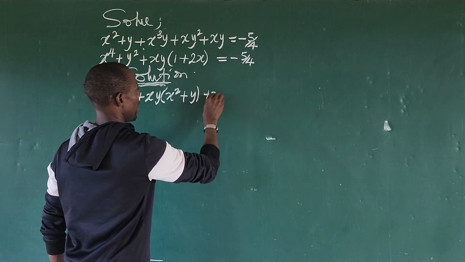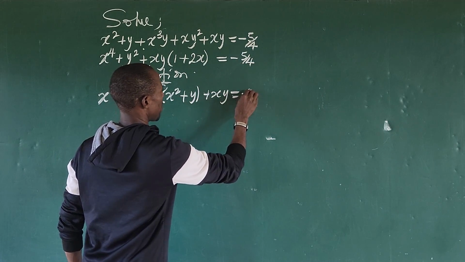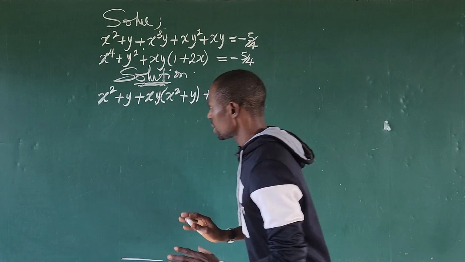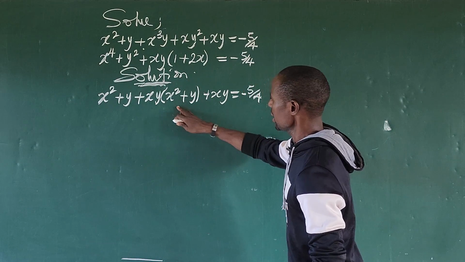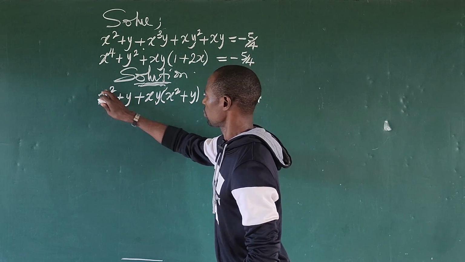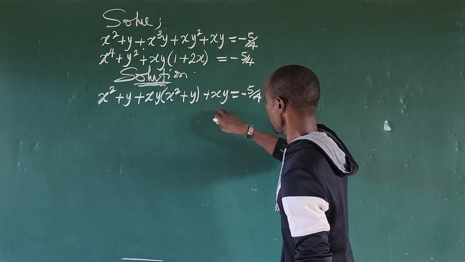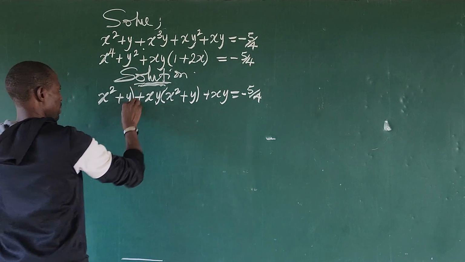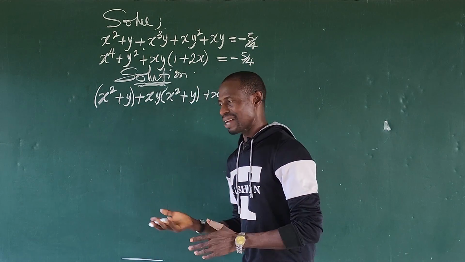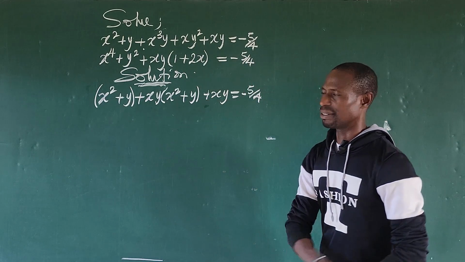Then plus xy equals minus 5 over 4. Then you discover that here we have x to the power of 2 plus y, and we have x to the power of 2 plus y here. xy is here, xy is here. So let's keep this first equation here. Let's look at equation 2 to see if we can derive something of this kind from there.